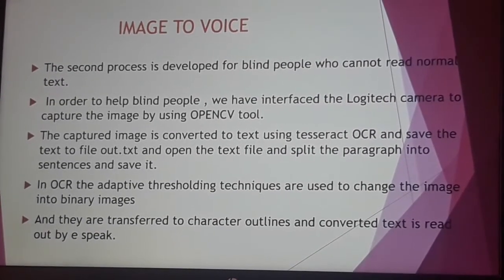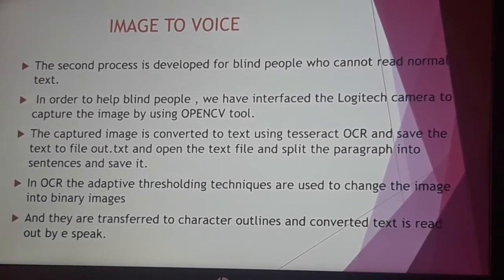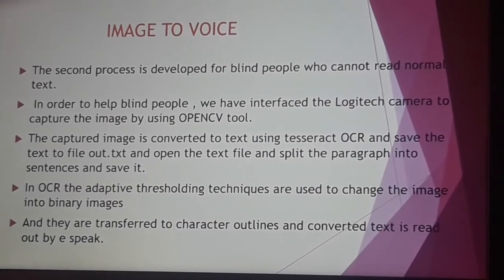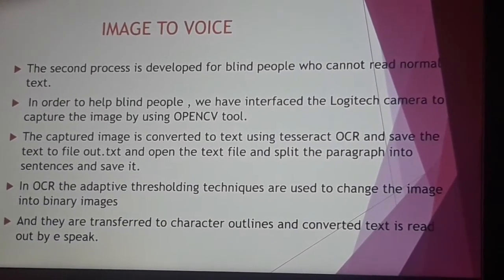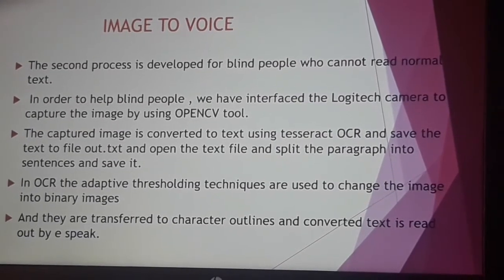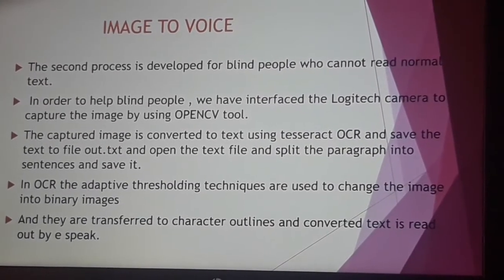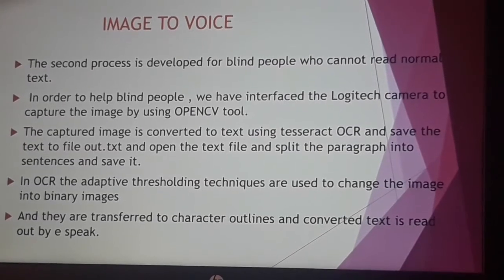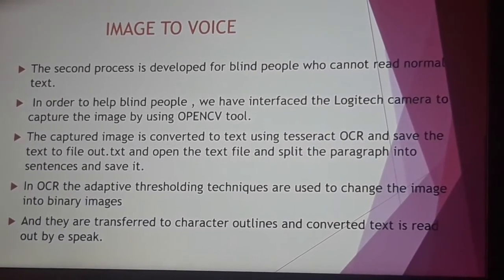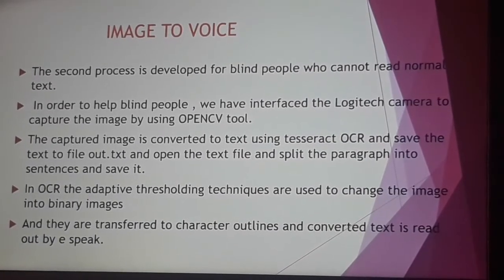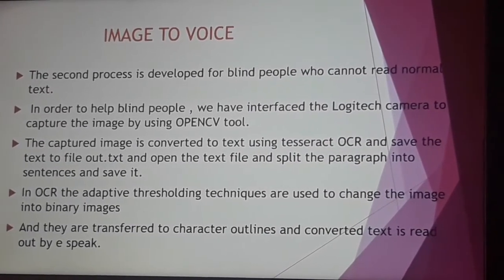In this OCR, they apply the adaptive thresholding technique to change the image to a binary image, and then they transfer it into character outlines, and these character outlines are converted into speech, and the group of words forms the text, which is read out by eSpeak.